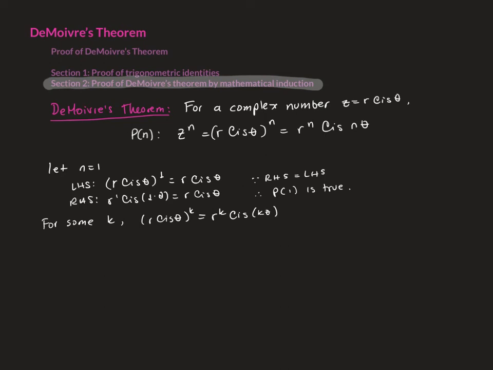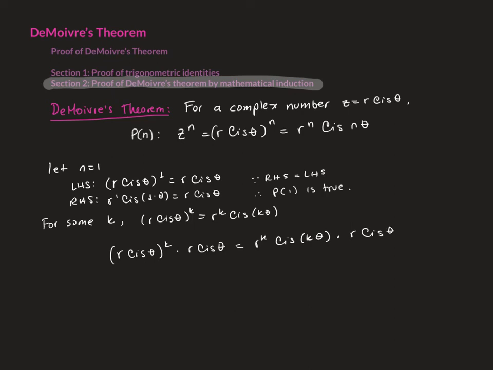So we're going to start from this kth statement, and we're going to multiply on both sides by r cis theta. So r cis theta to the power of k times r cis theta is equal to r power k cis of k theta times r cis theta.